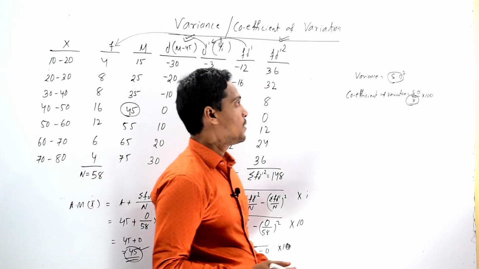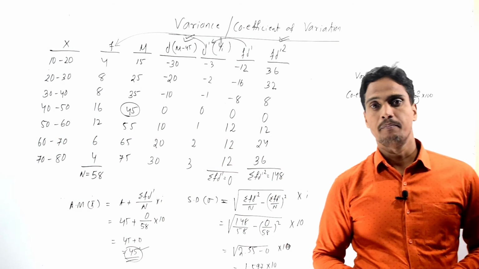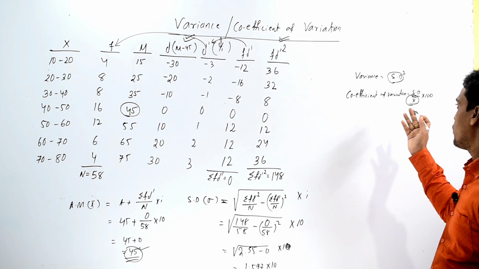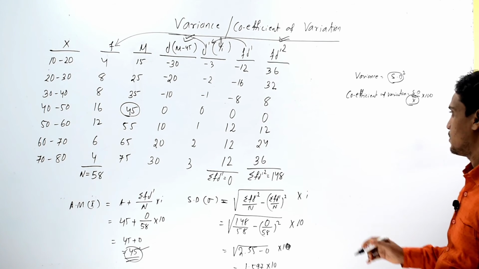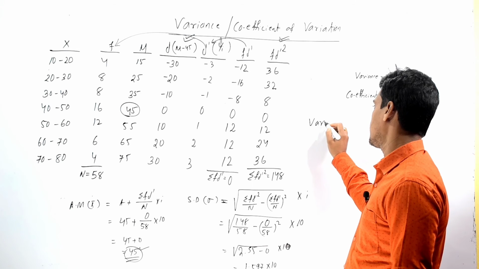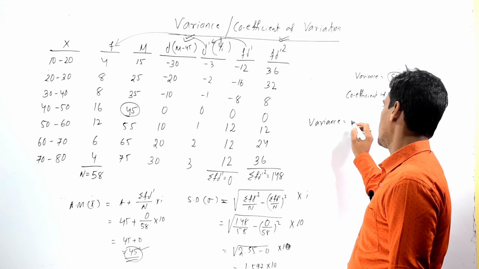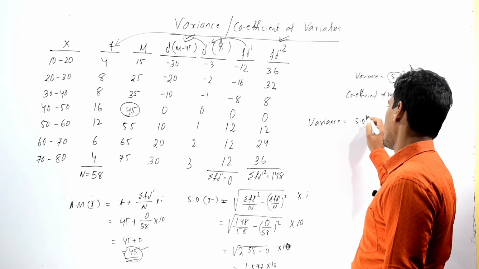So now we can find out variance and coefficient of variation of the given series. Our variance equals the square of standard deviation.